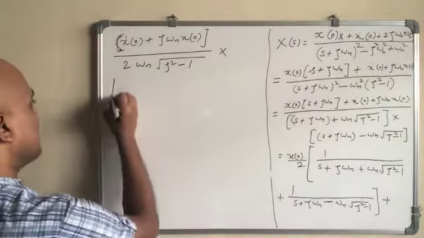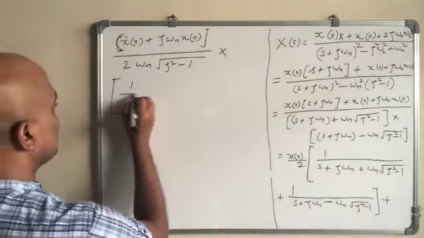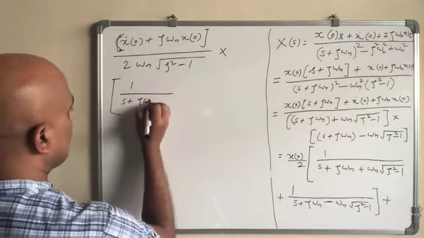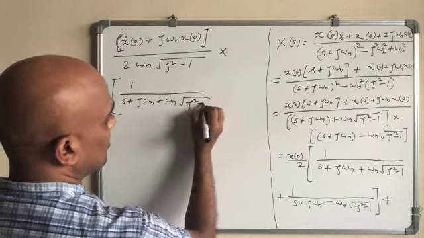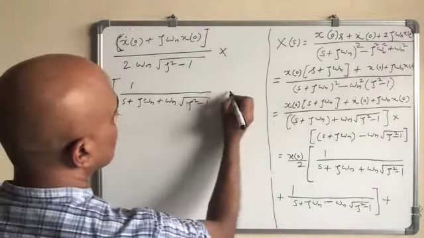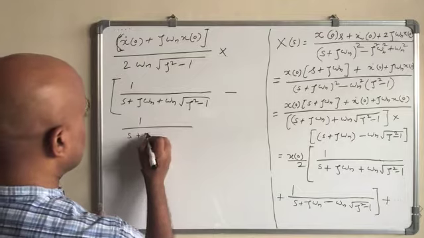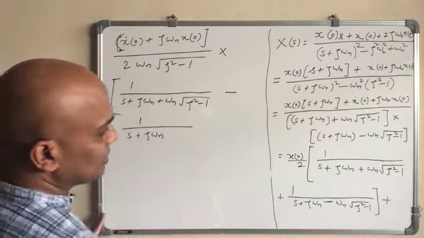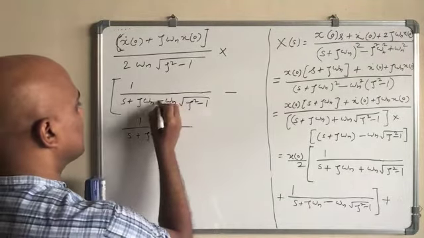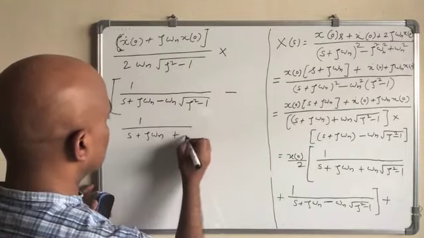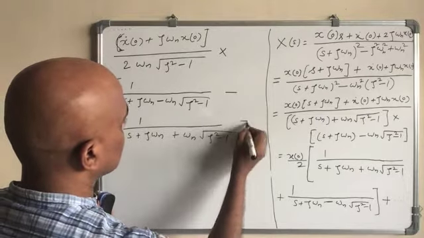multiplied by, and we have now this term minus this term here. So this will be 1 over s plus zeta omega n plus omega n root zeta square minus 1, and you have minus 1 over s plus zeta omega n, sorry, here should be minus, okay, this will come first, this will be plus, will come here, so omega n root zeta square minus 1, okay.